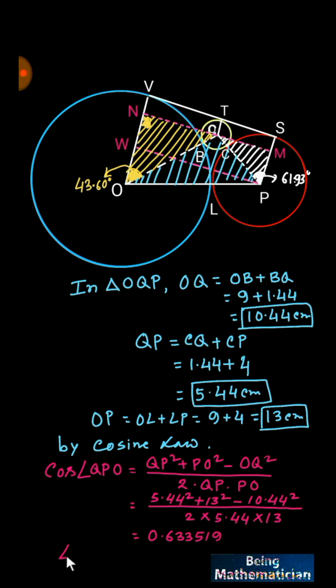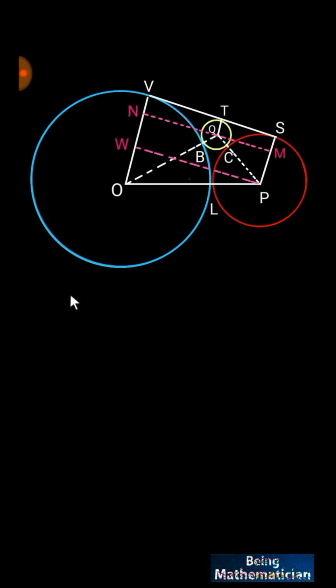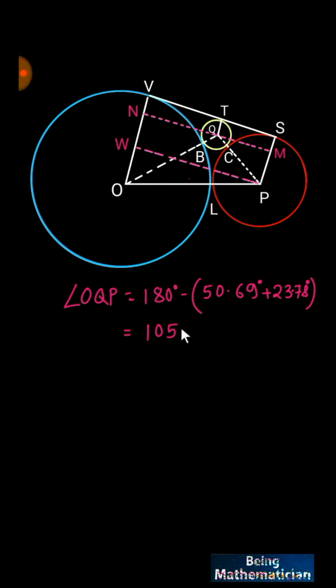So, by trigonometric table, we get QPO is nearly 50.69 degree. Therefore, the angle OQP must be 180 degree minus 50.69 degree plus 23.78 degree, since we know that the sum of three angles in a triangle is 180 degree. Now this result will be 105.53 degree. Approximately, the value of this angle is this.